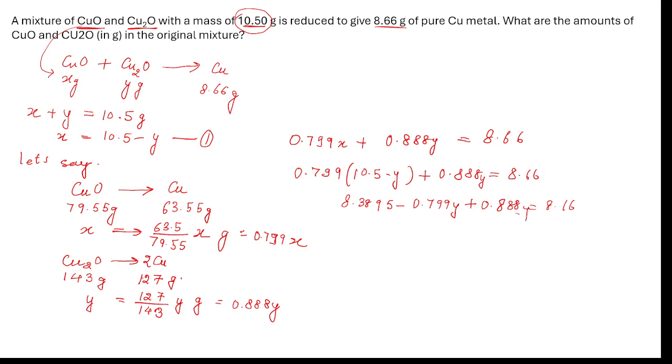Now if you cut this here, you are going to get 0.089y equals 8.66 minus 8.39, so it's going to give you a value of 0.27, and y is going to be 0.089.